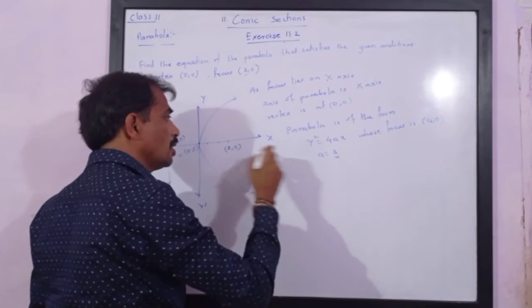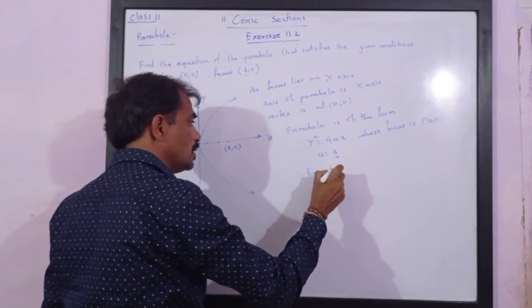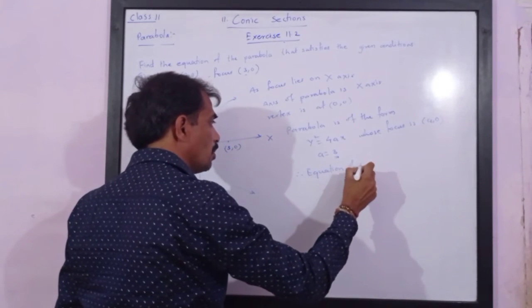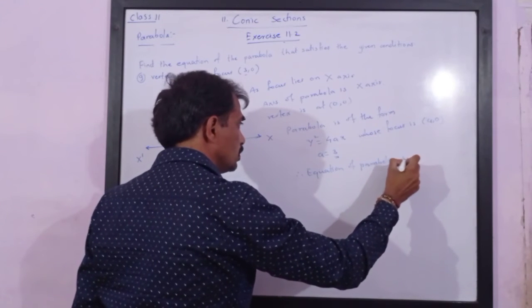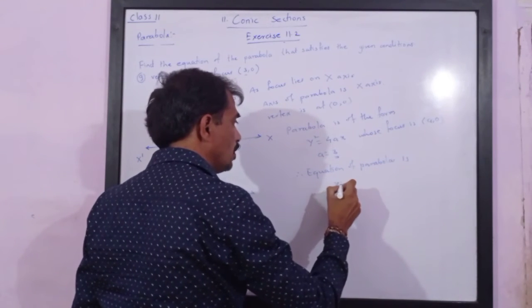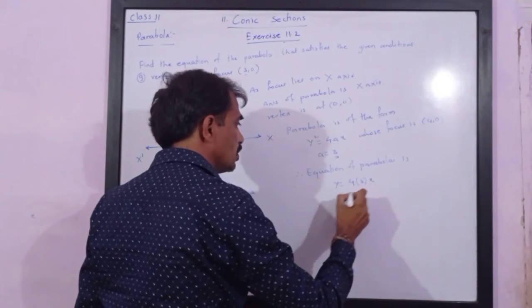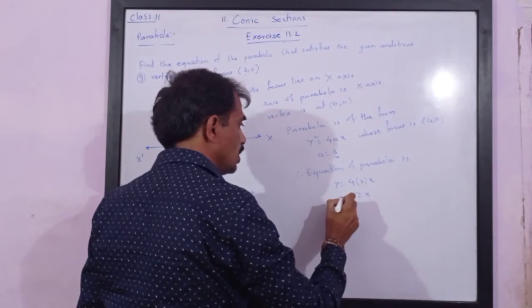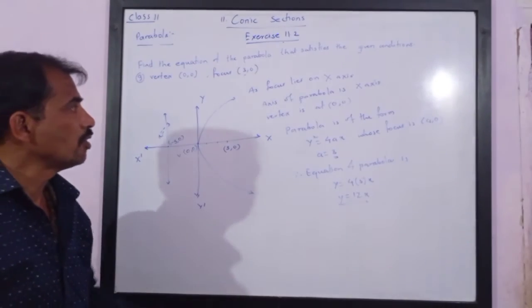It means the equation of the parabola is y square equal to 4, a's value is 3, x, so that is equal to 12x. Please note, y square equal to 12x is the equation of the parabola.